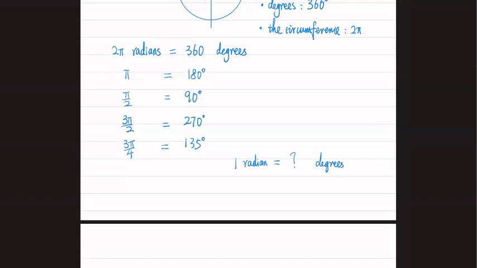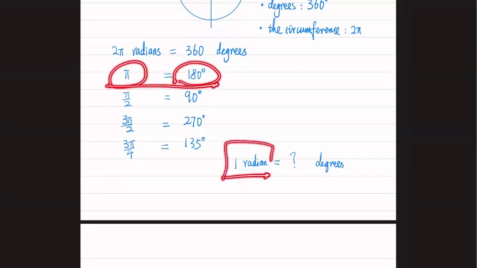Okay, Kira. So, 2 pi radians equals 360. Pi radian is 180. Okay, 1 radian. That's very close, Kira. Almost there.